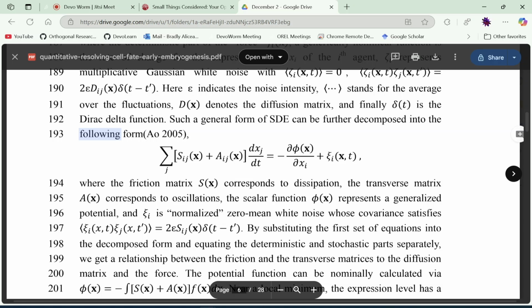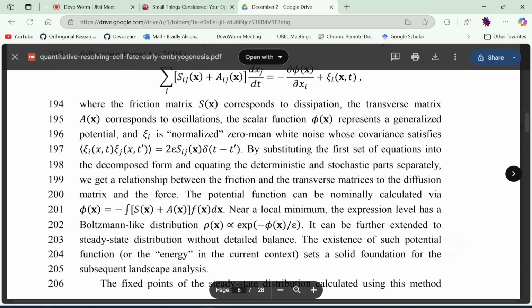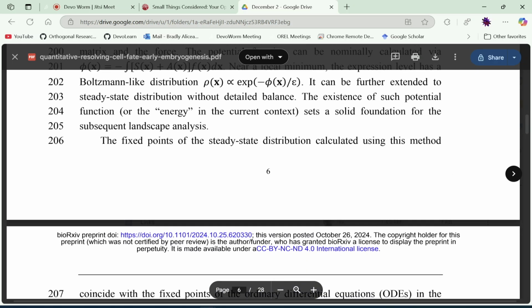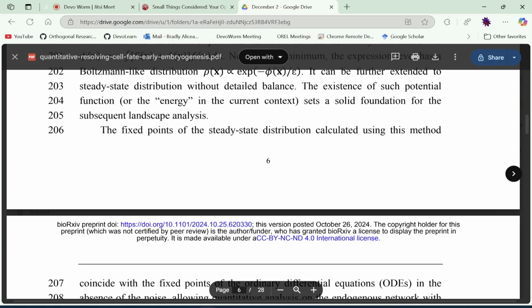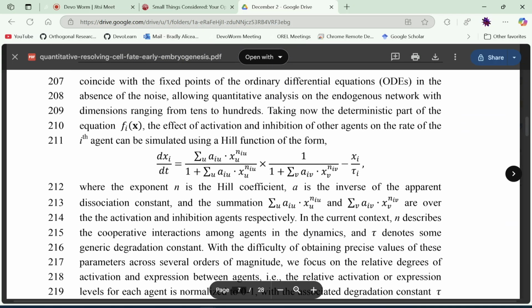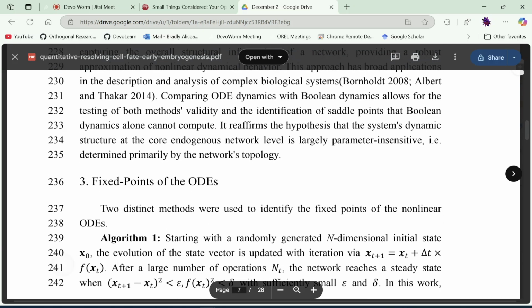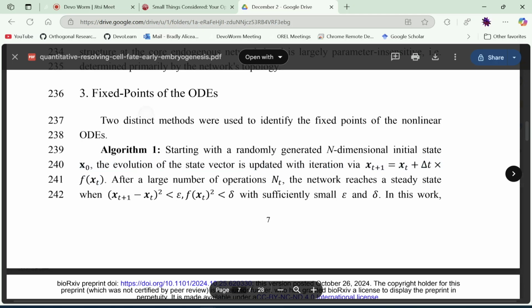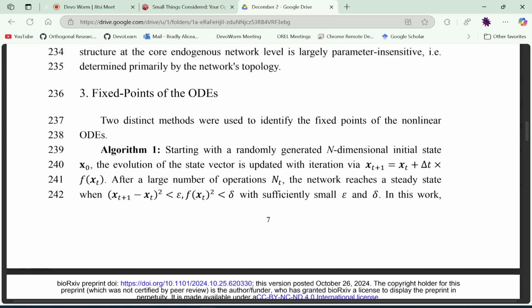So all of this is basically to say that there are a lot of ways we can model this gene expression, the outputs of this gene expression network. There are a lot of things that we can connect to the molecular function in the cell and describe with these stochastic differential equations. So we're looking for steady state solutions. We're looking for these transitional states. And so a lot of this goes through the math. There are these fixed points of the nonlinear ordinary differential equations here, where they identify the fixed points of these.